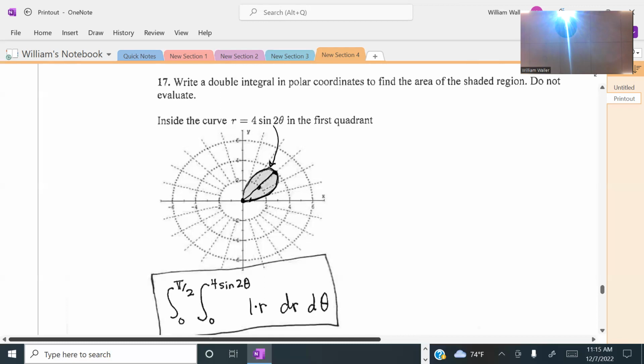Now, what about the angle? Here you get a break. All of these points are in what quadrant? In the first quadrant.